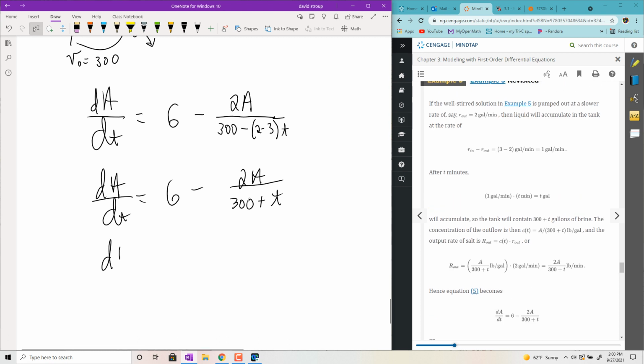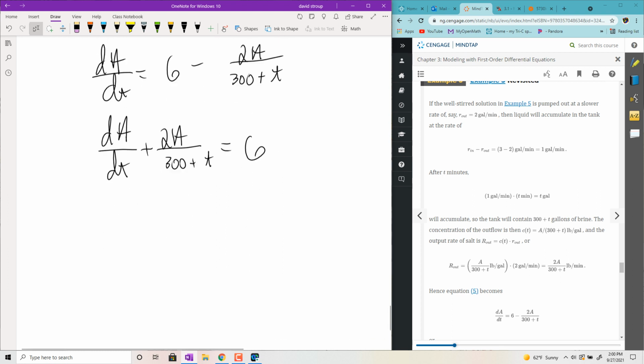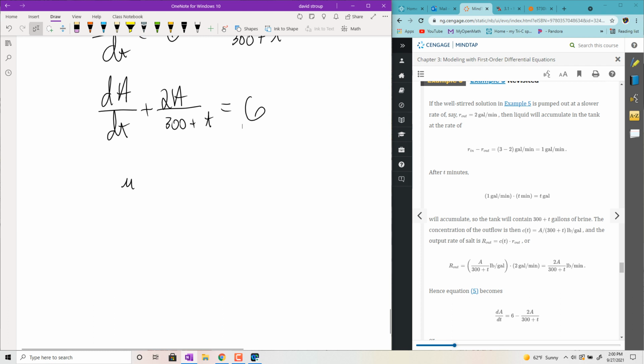I'm going to move that second term on the right to the left side. I get plus 2A all over 300 plus t equals 6. And then my integrating factor mu will be e to the integral of 2, just 2 all over 300 plus t dt.